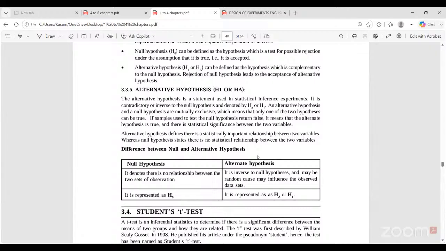The null hypothesis states there is no relationship between the two sets, which we call H naught.